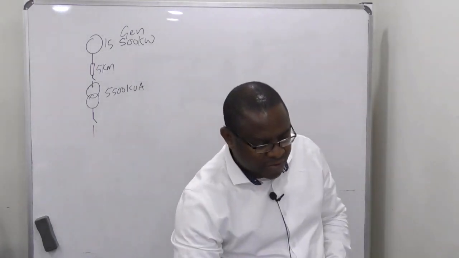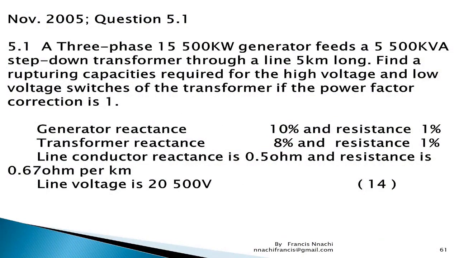Let's just put the parameters. Gen reactance is 10% and resistance is 1%.